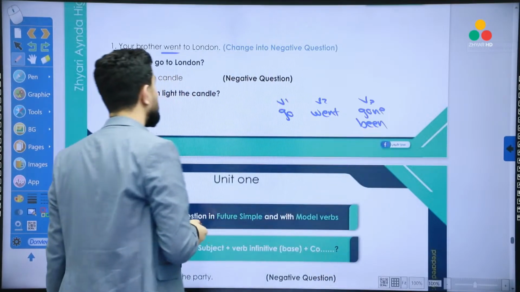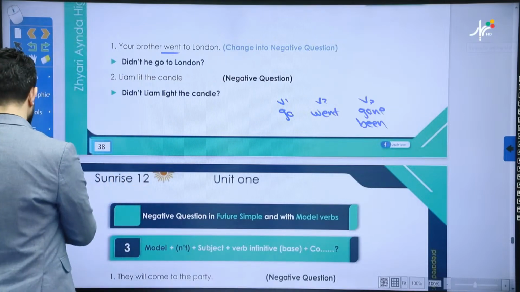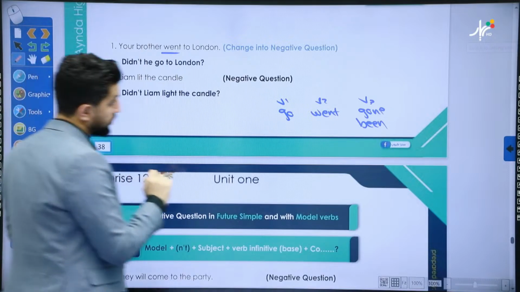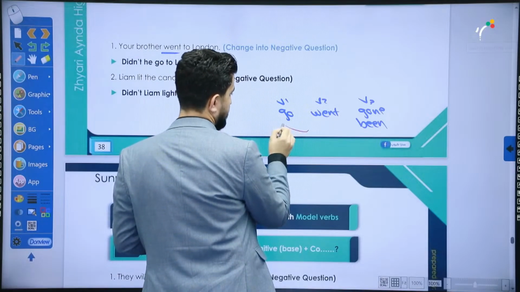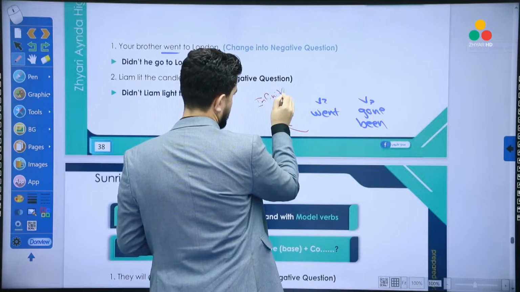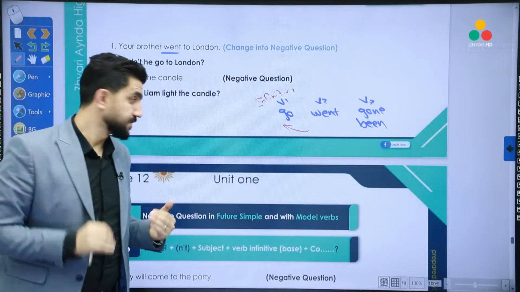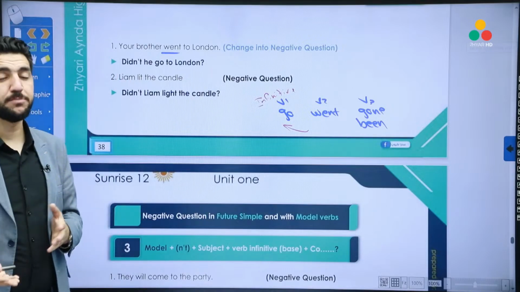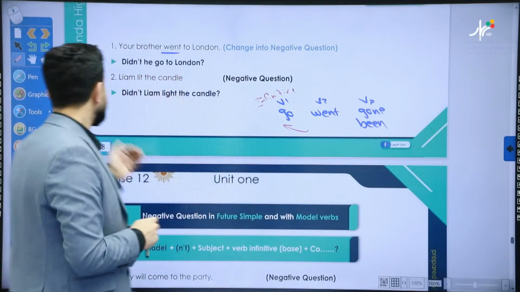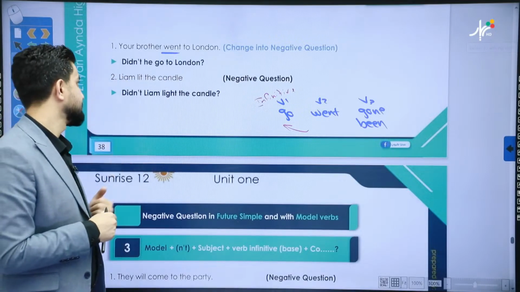So when we change it to negative question, in this case, you need to use infinitive form. What's infinitive form? It is the verb itself without any prefix or suffixes. Okay, so for example, go. Didn't he go to London?